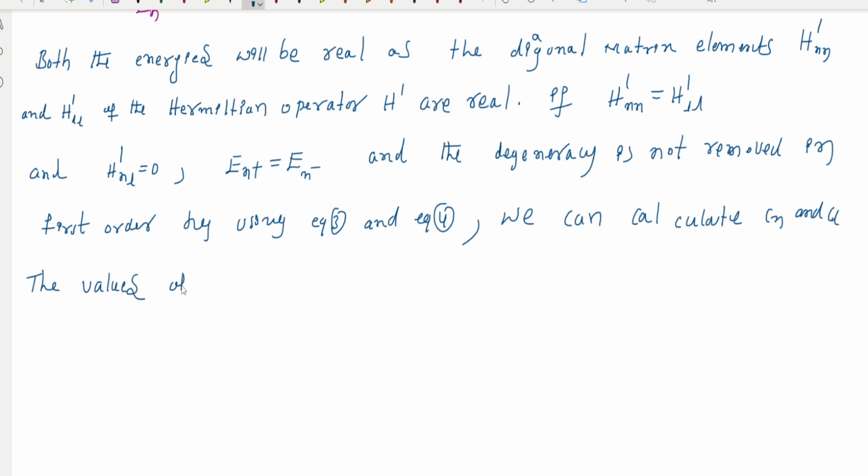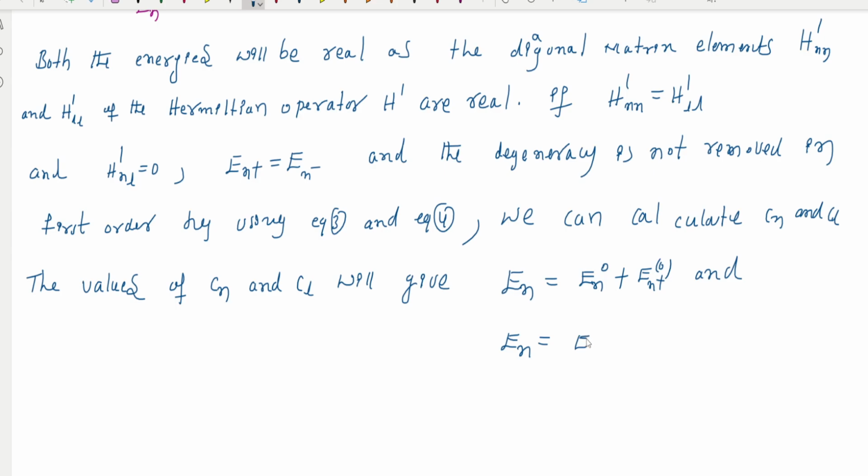The values of Cn and Cl will give En equal to En^0 plus En plus^0, and En equal to En^0 plus En minus^0.